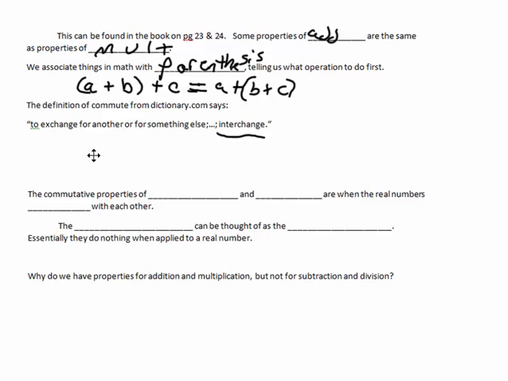So I'm going to do the commutative property of multiplication, which would be A times B is the same thing as B times A. And notice how they interchange or they switch. The commutative properties of addition and multiplication are when real numbers interchange with each other.